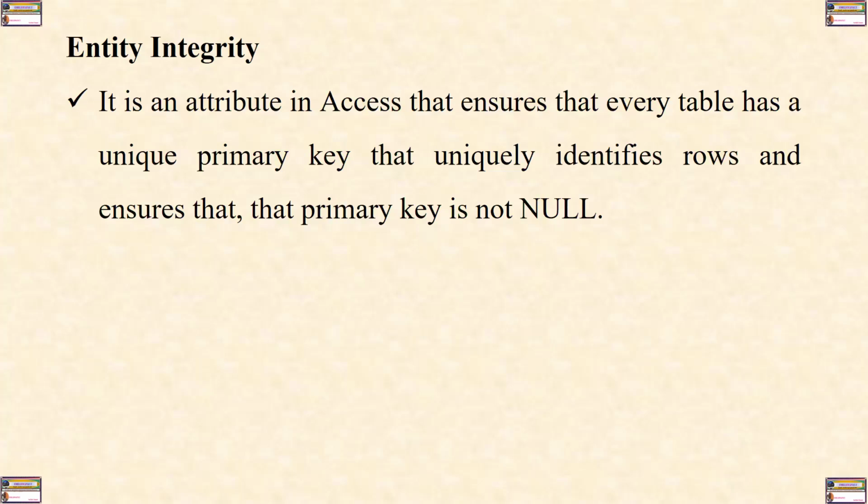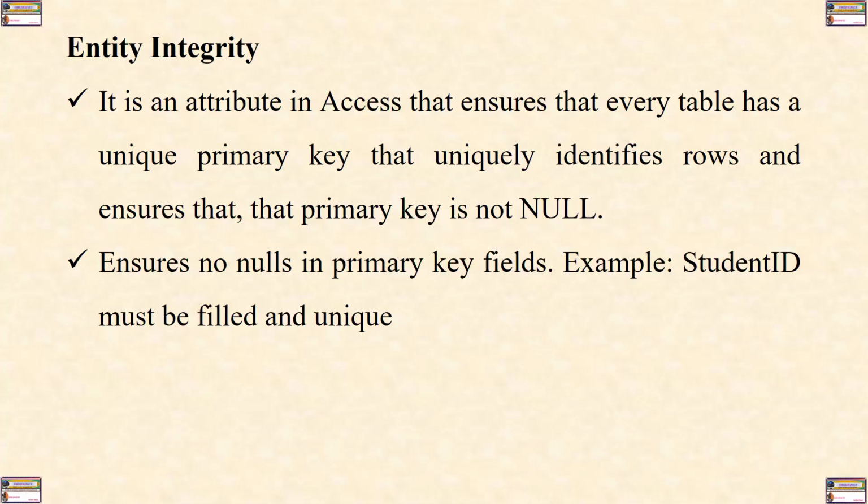We also have what we call entity integrity. Entity integrity is an attribute in Access that ensures that every table has a unique primary key that uniquely identifies rows and ensures that the primary key is not null. It ensures that there are no nulls in primary key fields. For example, student ID must be filled and unique because every record in a database for students must be identified using that student's ID, or in a real case, an admission number.